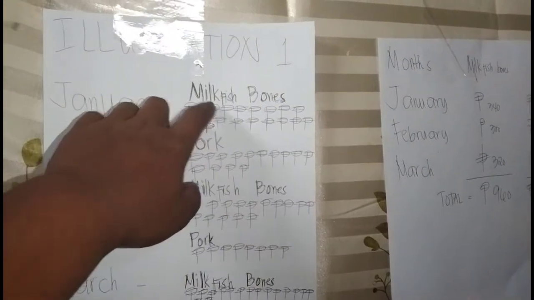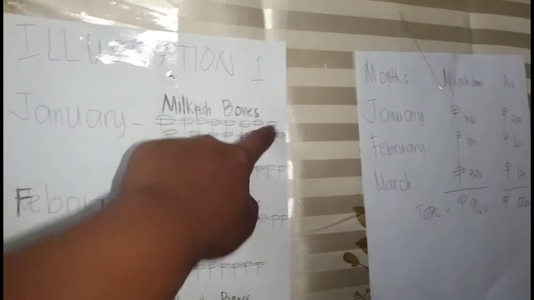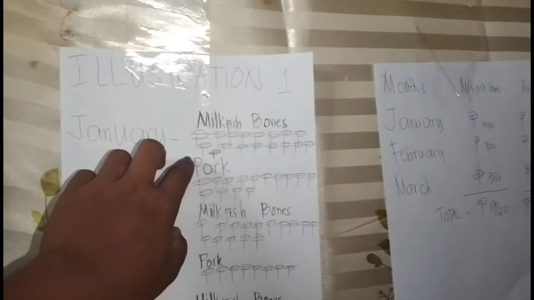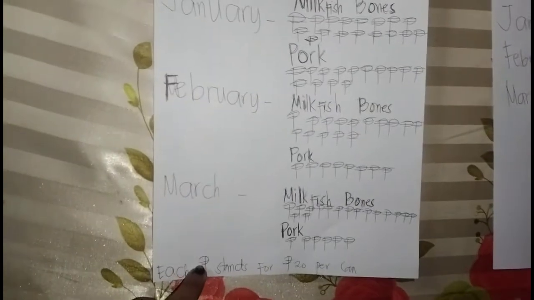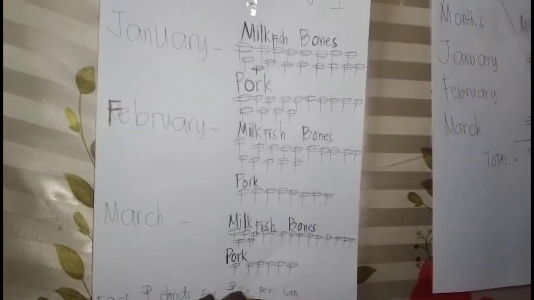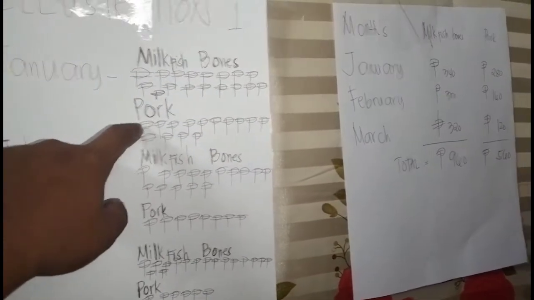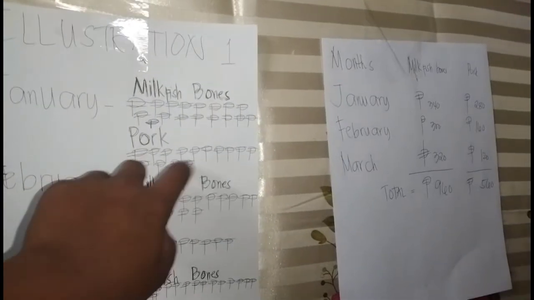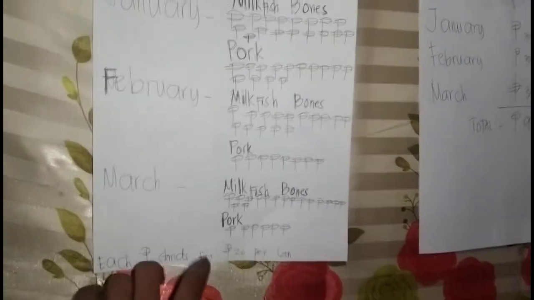Let us count: 1, 2, 3, 4, 5, 6, 7, 8, 9, 10, 11, 12, 13, 14, 15, 16, 17. We have 17 peso signs. Each peso sign stands for 20 pesos per can. The pork is 14 peso signs. Each peso sign stands for 20 pesos per can.